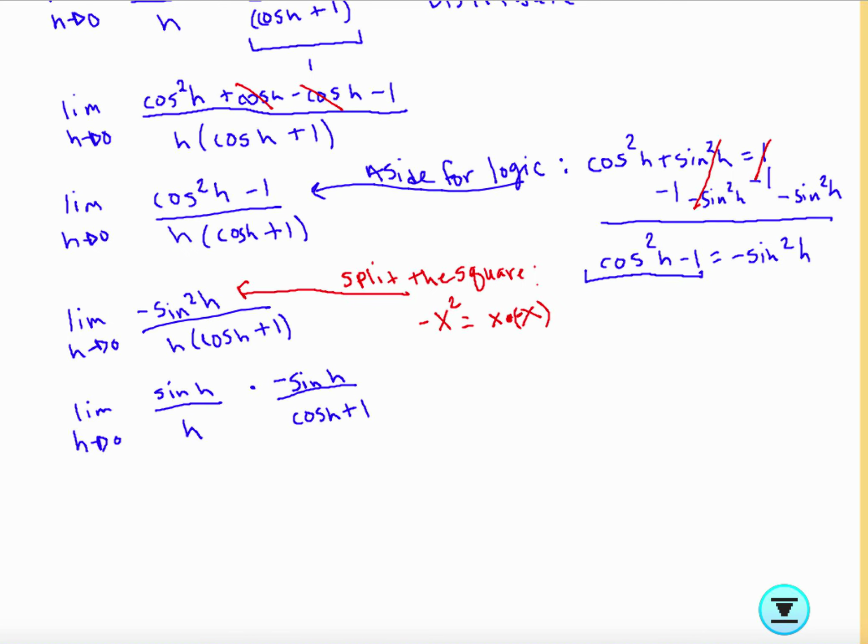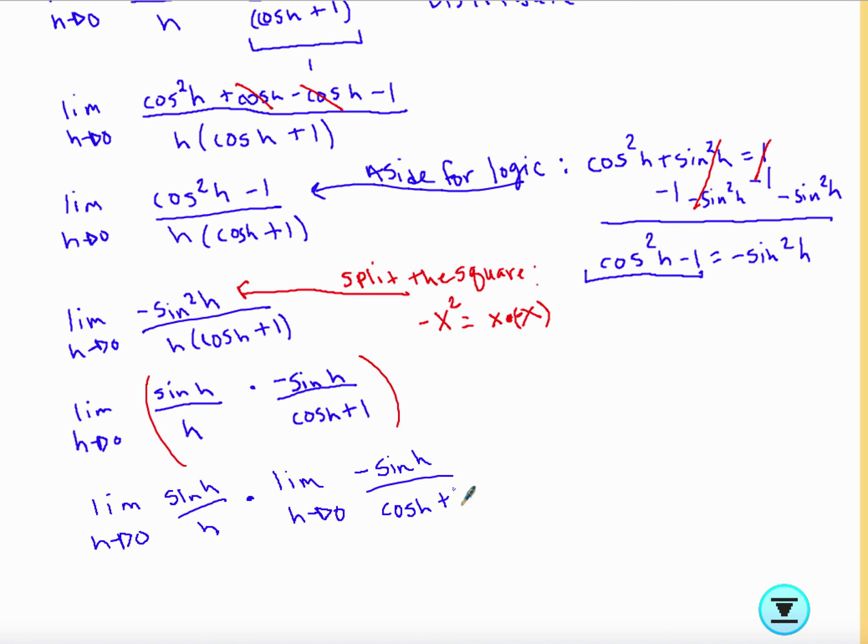If you recall from the properties of limits, we know that if we're taking the limit of this whole thing as h approaches 0, that's the same as the limit as h approaches 0 of the sine of h divided by h times the limit as h approaches 0 of negative sine h divided by the cosine of h plus 1.